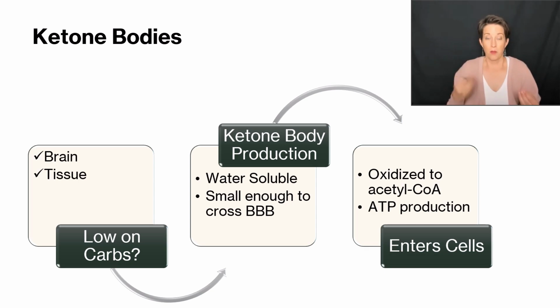If our blood glucose is low, our body is going to signal, hey, we need stuff now. The brain needs it. So we are going to then, from our liver and adipose tissue, secrete those ketone bodies. Those ketone bodies, because they are small, they can both be transported within our lymph and blood system, and they can cross the blood-brain barrier, which is really important.